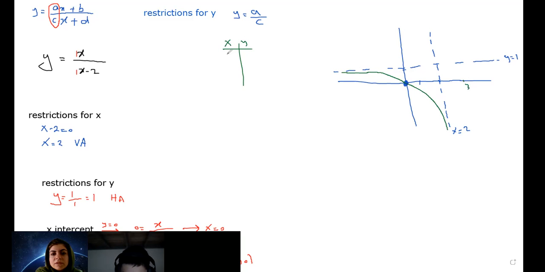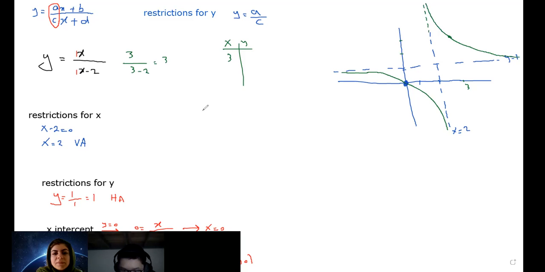When x is 3, I put that in the equation, 3 over 3 minus 2, which is 3 over 1, which is 3. So the point is there. Then again, you go toward the asymptote but never cross it.